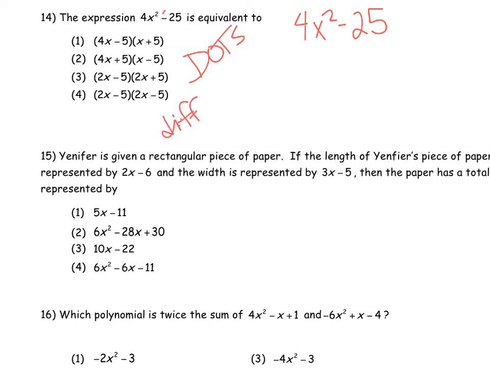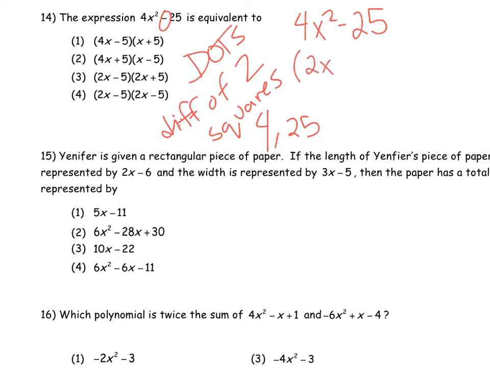Difference, so there needs to be subtraction of 2 squares. You guys need to know your perfect squares. 4 is a perfect square, and 25 is a perfect square. So, if I write this out using dots, I'll have 2x, because the square root of 4x squared is 2x. I know that the square root of 25 is 5.